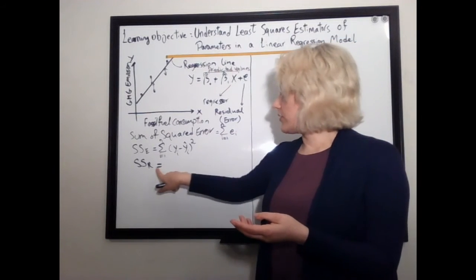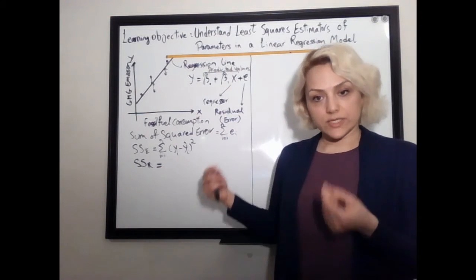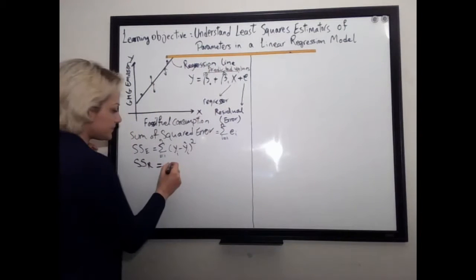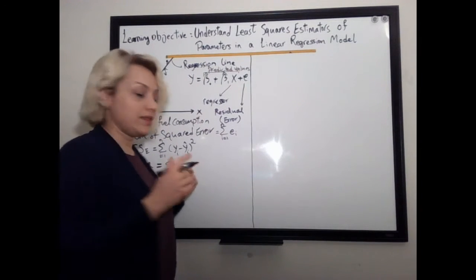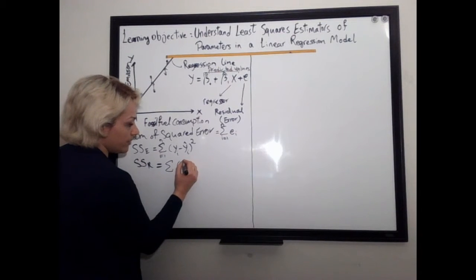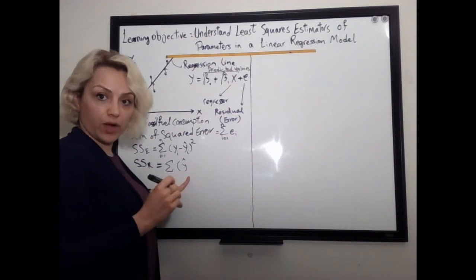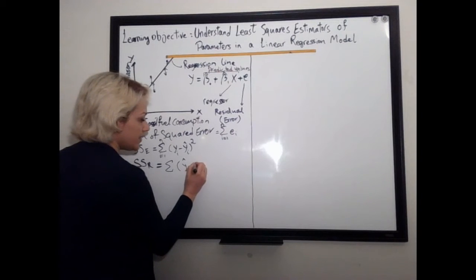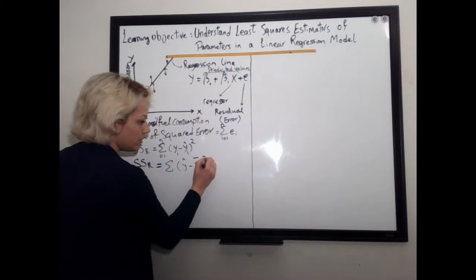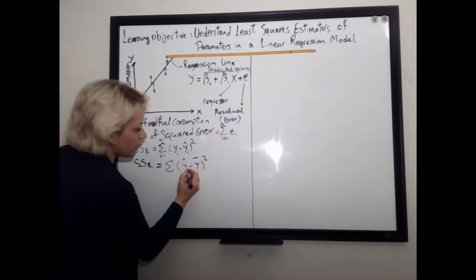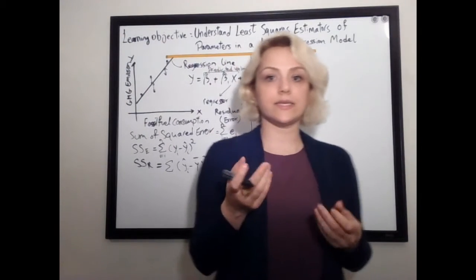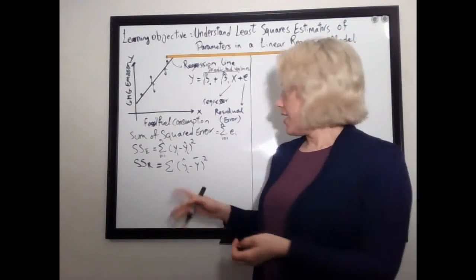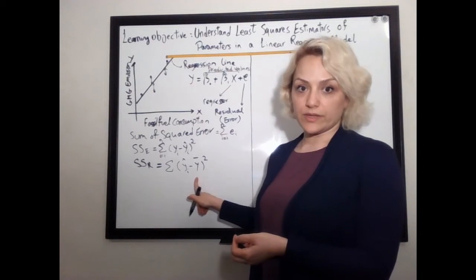So the sum of the square of the regression is equal to sigma of my regression value, y estimate_i, minus y bar, to the power 2. This one has i, but this one is y bar. Y bar is sigma y divided by n. So this is the sum of the square of the regression.